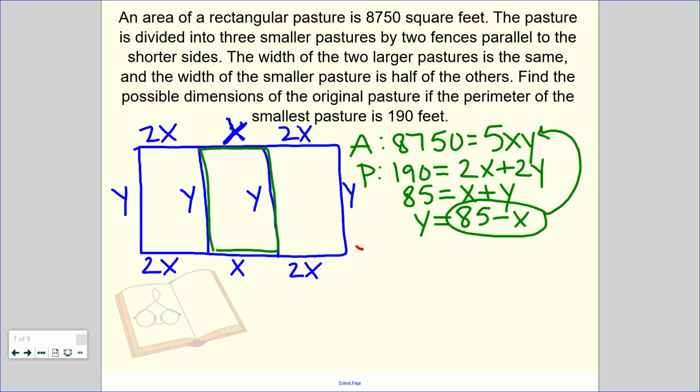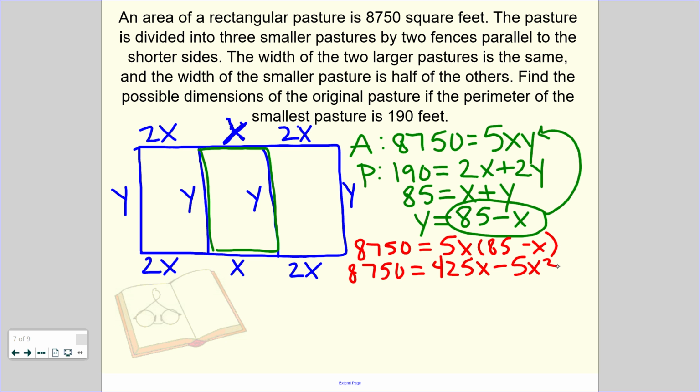Okay, if I plug 85 minus x in, I'm going to get 8,750 equals 5x times 85 minus x. If I distribute my 5x in, 5 times 85 gives me 425x minus 5x squared.